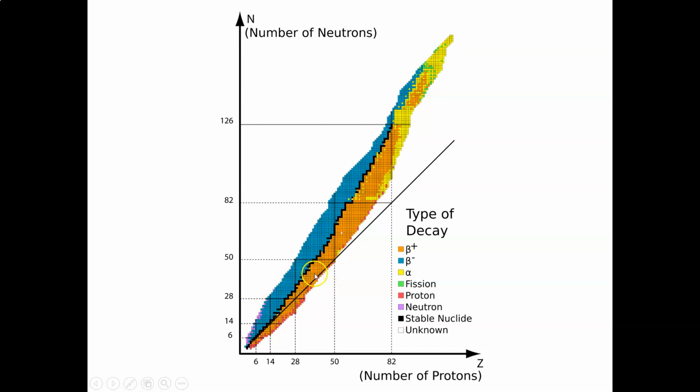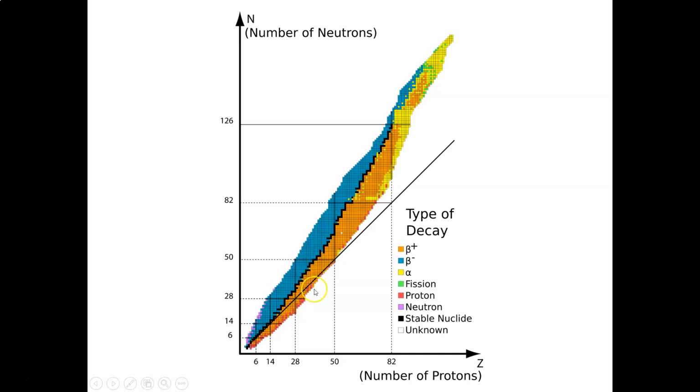So if an element, let's say this element along this area here, here's the stable ratio. If you have too many neutrons for that element, it's going to do a beta decay. Too many neutrons are going to convert a neutron to a proton and release a beta particle. That means it's going to drop down. It loses a neutron, gains a proton, so it drops closer to the line.